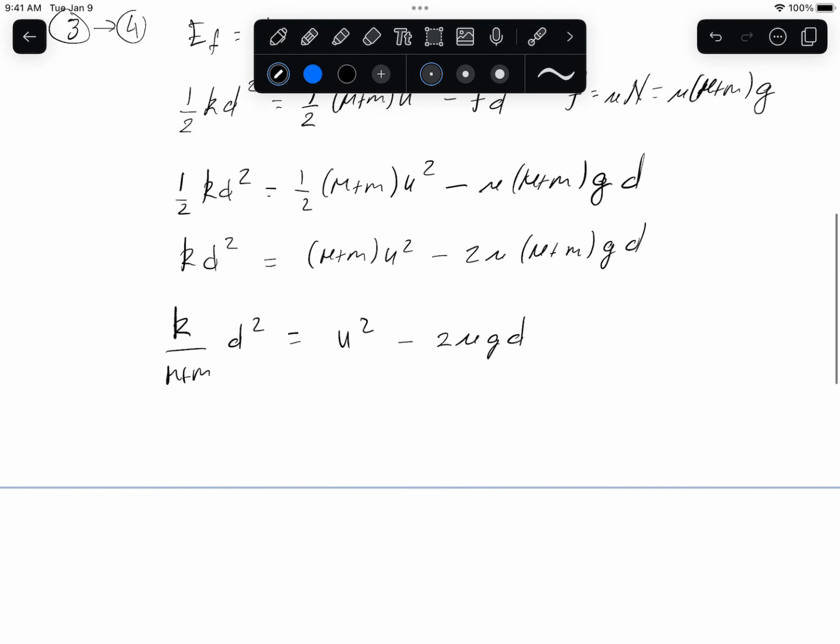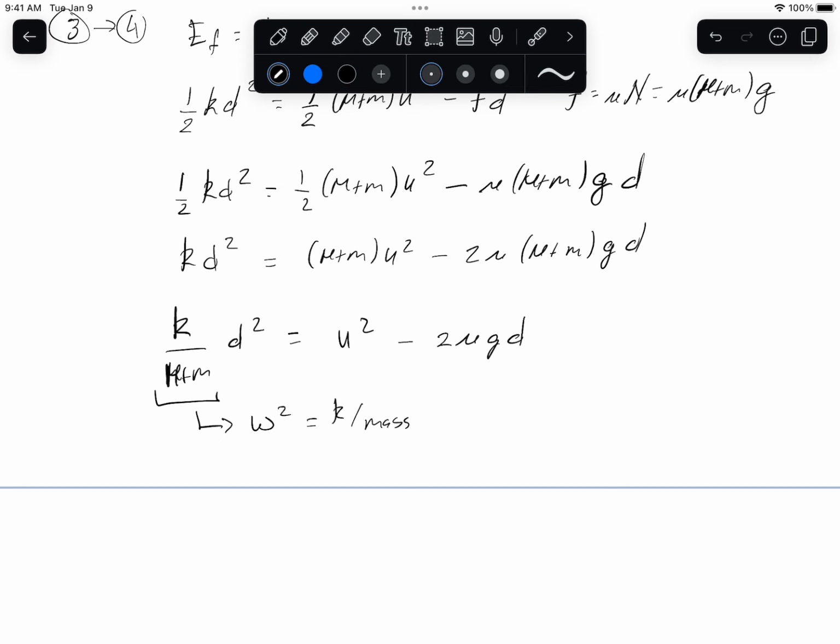But remember, if you have a mass on a spring, then what you have is a simple harmonic oscillator, and the angular frequency of that simple harmonic oscillator is given by omega squared is equal to k over mass. And in this case, the mass is big M plus m. So this prefactor here is just omega squared.